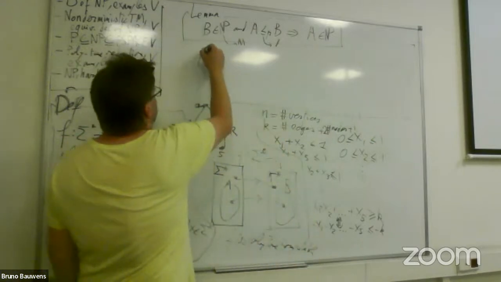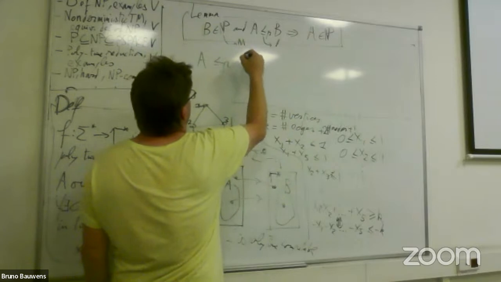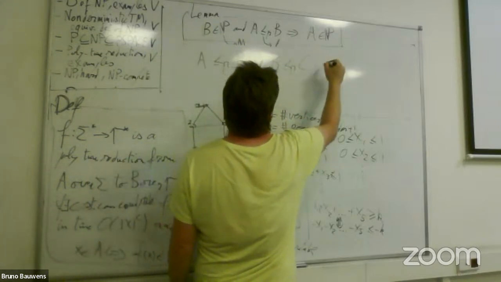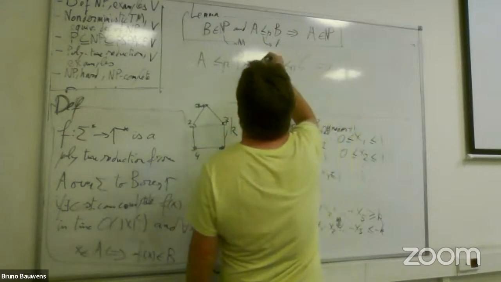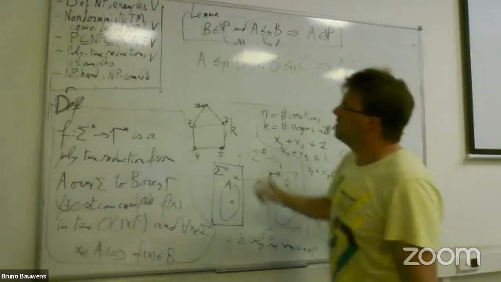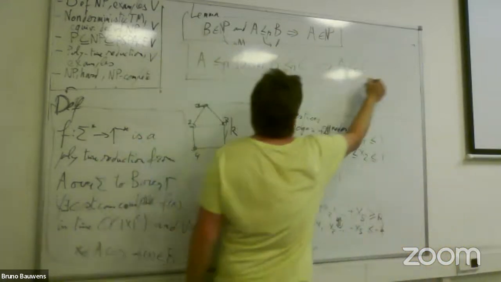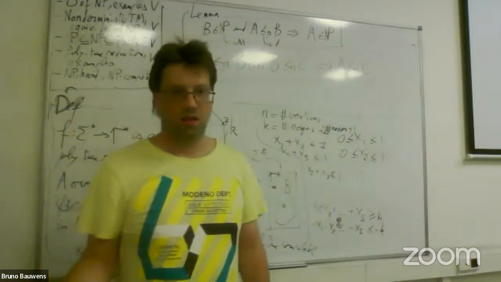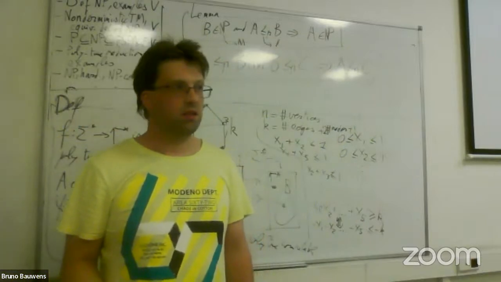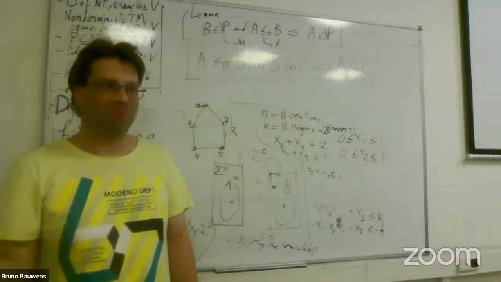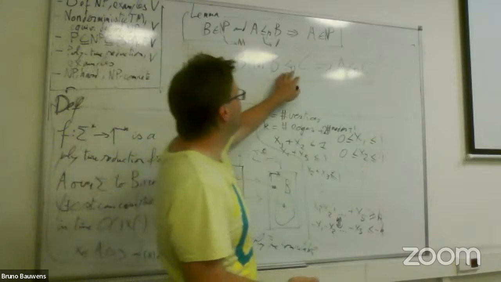Okay, and then some general property. If A polynomial time reduces to B and B poly time reduces to C, then A poly time reduces to C. Transitivity also holds with reductions. And why is this? Because a polynomial of polynomials is polynomial, we just have to check the runtime.